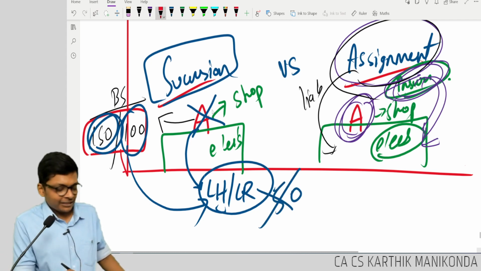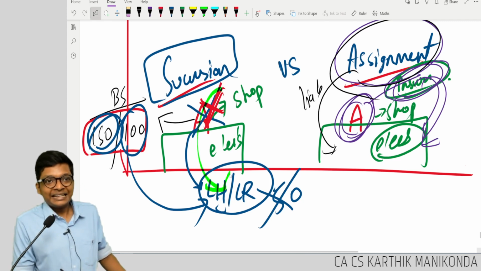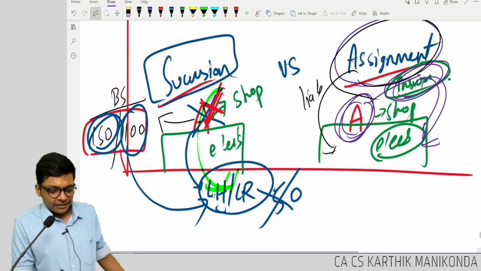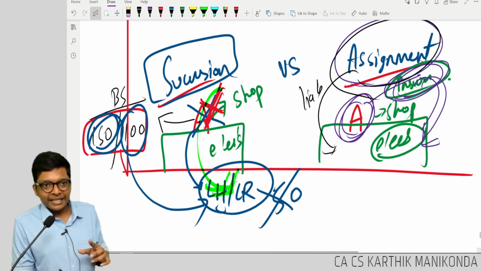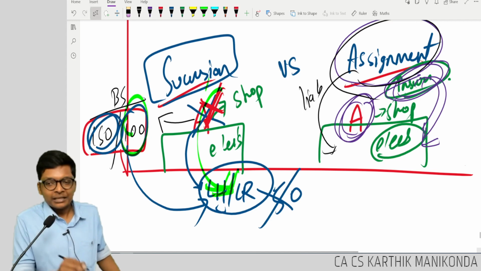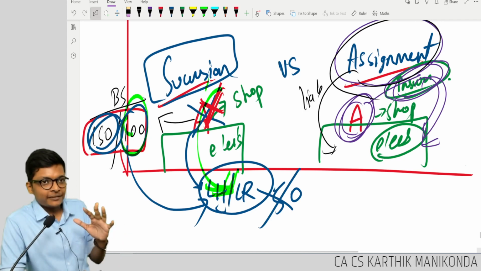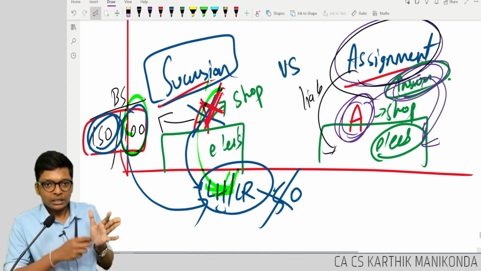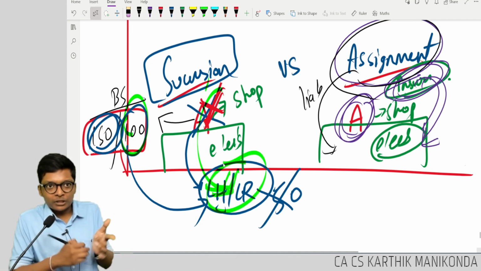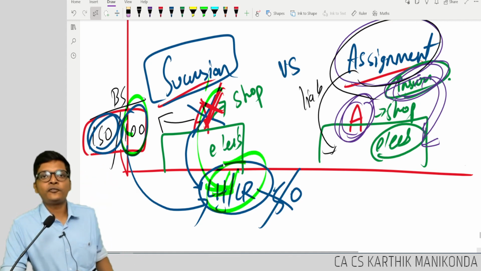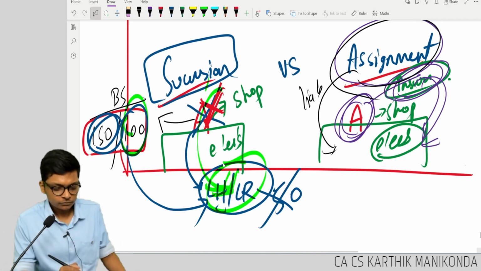That means if the father has a loan, if the father dies and the property goes to the legal heir, then the legal heir will pay only up to the assets received. In movies they will show the loan continues. No. The legal heir will pay only up to the assets available. Are you following, guys? Clear?